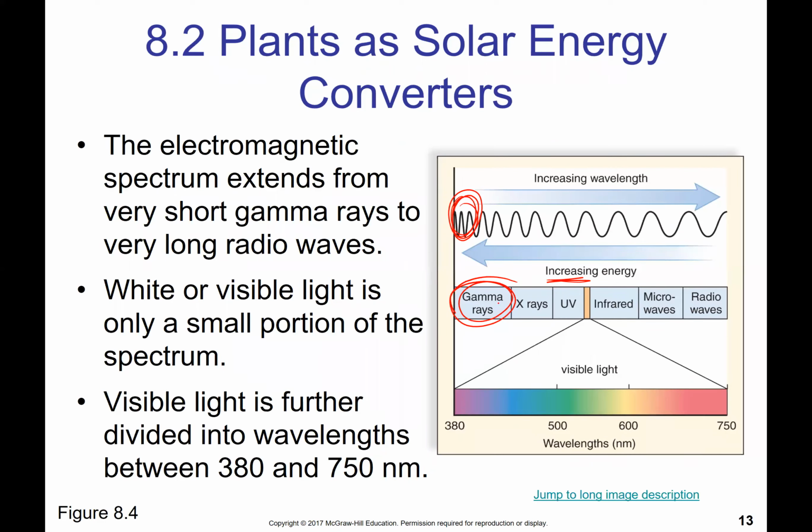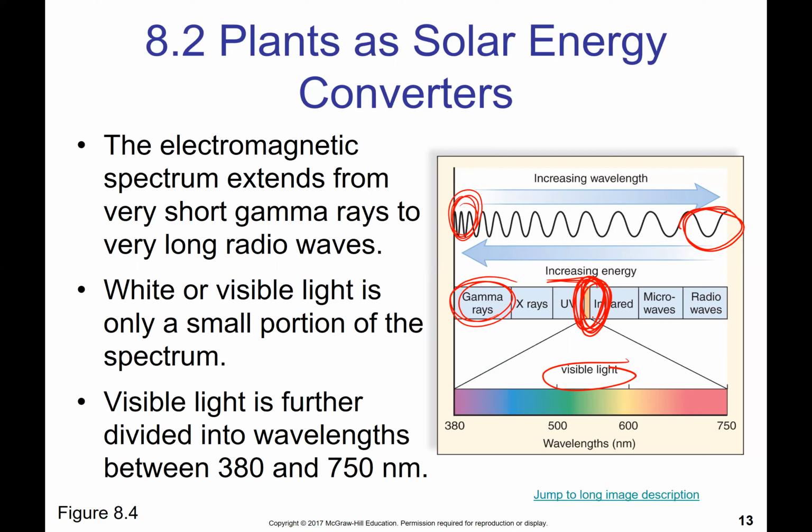So gamma rays, those are going to have really, really short wavelengths, tons and tons of energy, where radio waves have longer wavelengths and they're going to have less energy. Now, when it comes to wavelength, visible light is kind of in the middle. It's only a small portion of what we call the electromagnetic spectrum.